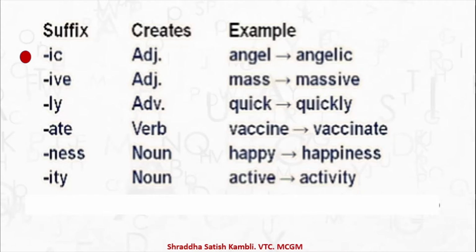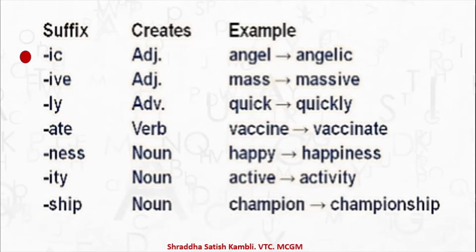So active, which is an adjective, becomes activity, which is a noun. And finally, we have ship. When you add SHIP, it changes companion to companionship. Alright, champion changes to championship, sorry. Okay, so this is how the functions of words can change.